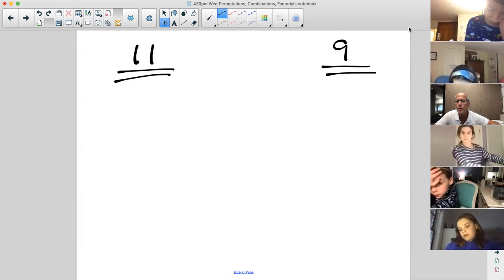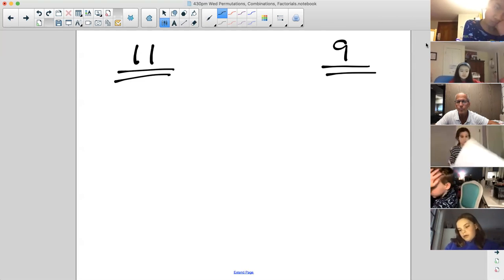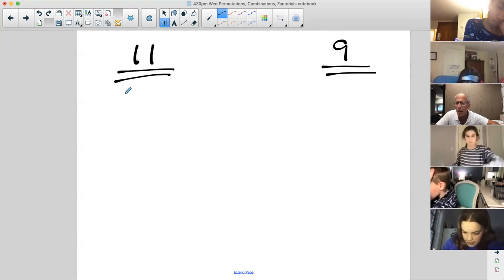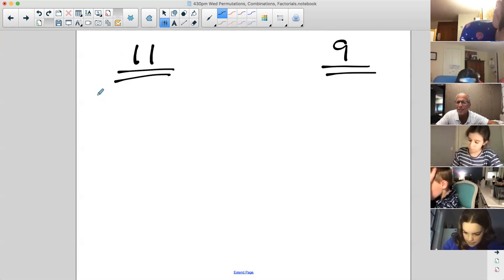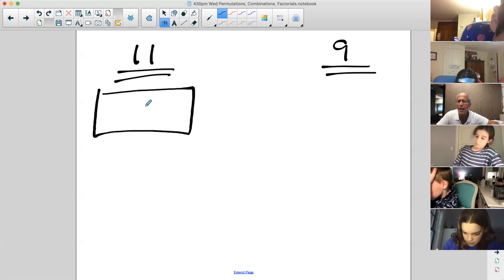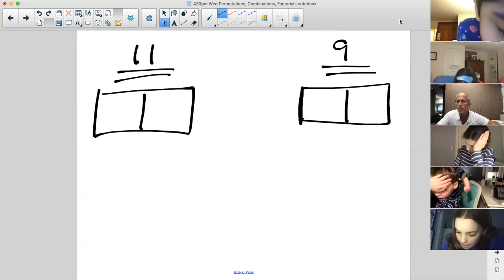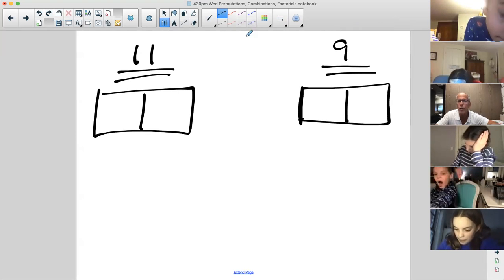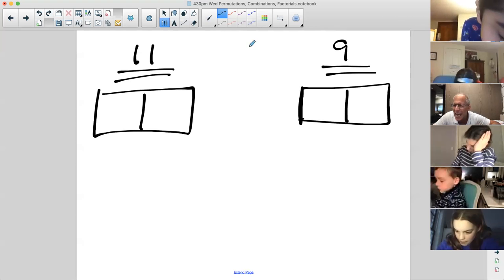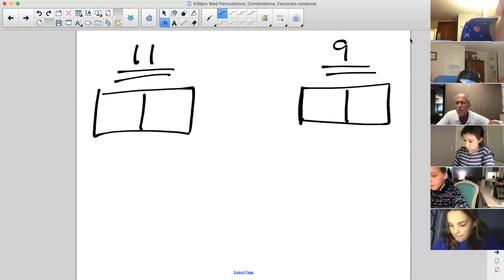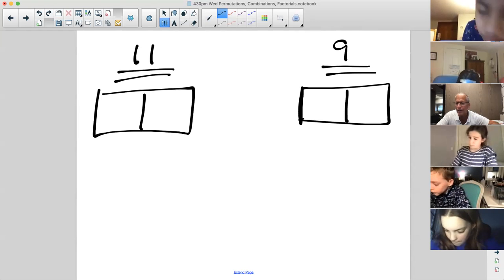So we're trying to make all the ways, all of the permutations to make 11 with 2 boxes and all the ways to make 9 with 2 boxes. That's right. We already did 10 and found 8. Now we're trying to find 8 with each of 11 and 9.